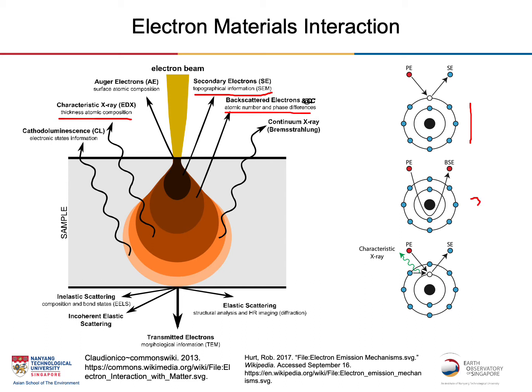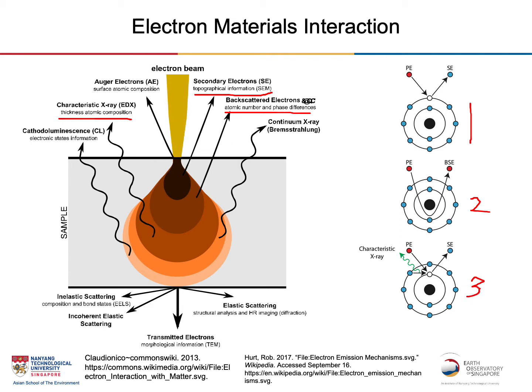And the second one is that in certain cases, the primary electron, apart from knocking out a certain electron from the atom, could also interact with the core of the atom. So at some point, the primary electron is ejected back, still with a high energy. That's what we call backscattered electron.